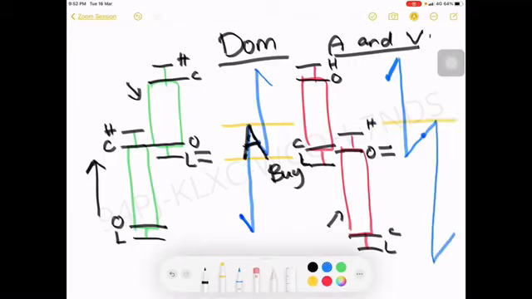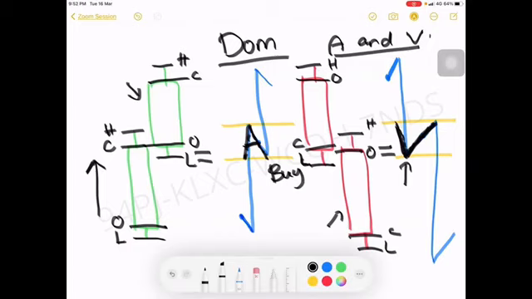This is where we are going to find the V. Do you see the V? Yes, V and V. Do you see V here? Yes, I see.